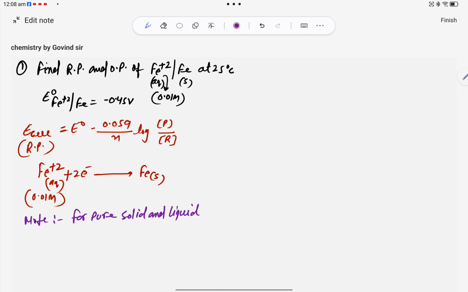For pure solid and liquid, concentration will be 1.